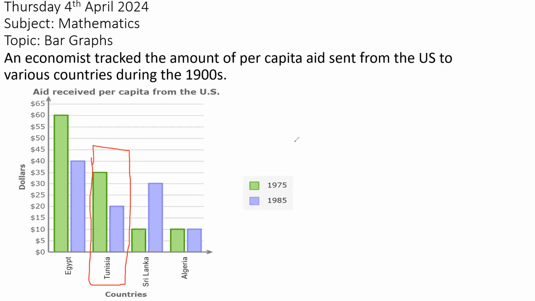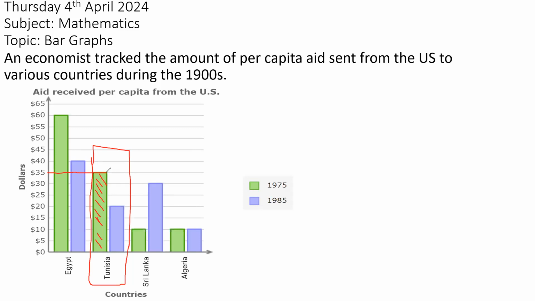All right, how much money per capita was sent to Tunisia in 1975? $35. So in 1975, $35 were sent to Tunisia by the United States. Obviously, we're talking about per capita.